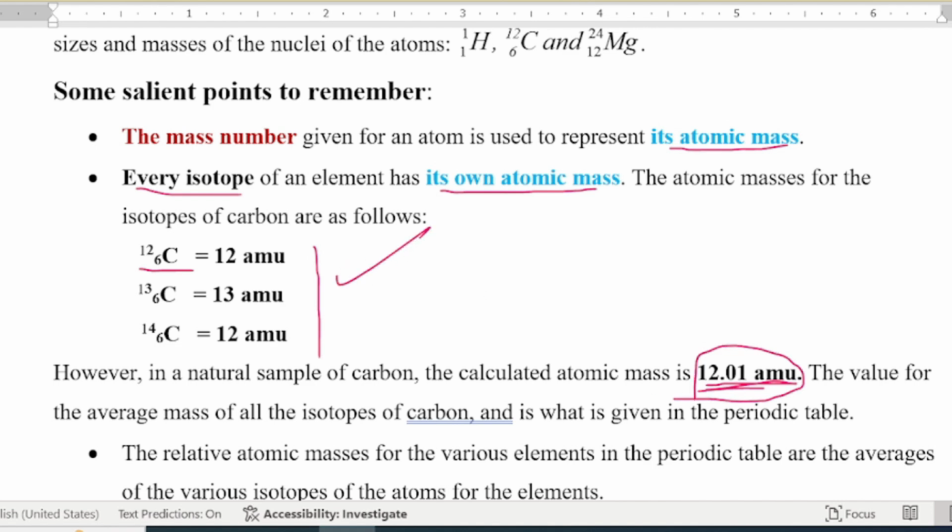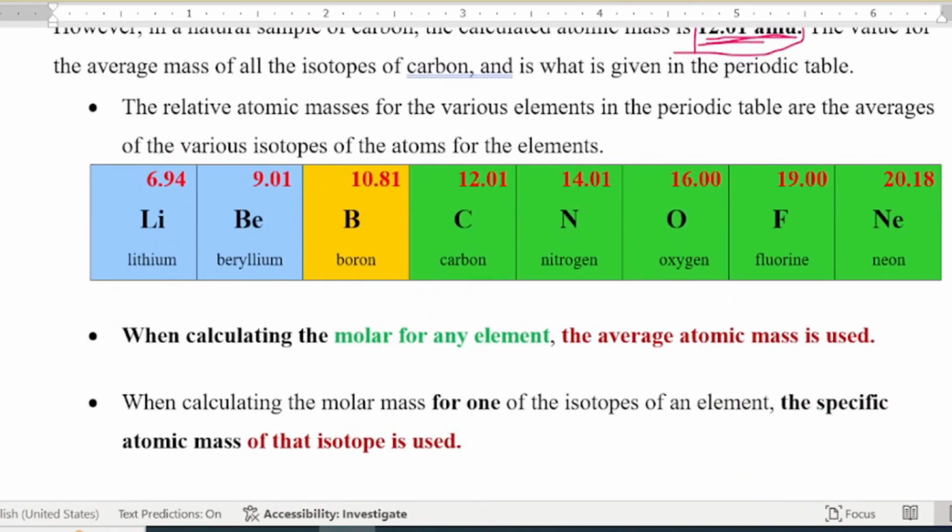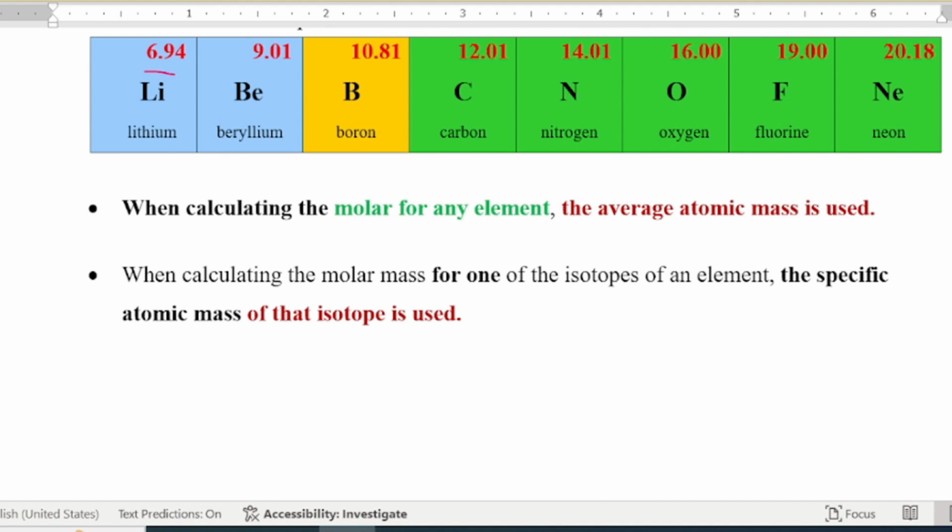So hope you remember these things, okay? So again, I put this here for you to see again, so you'll understand what is happening here. These are the average for all the isotopes. Now watch this. When calculating the molar mass for any element, note this, any element, the average atomic mass is used.